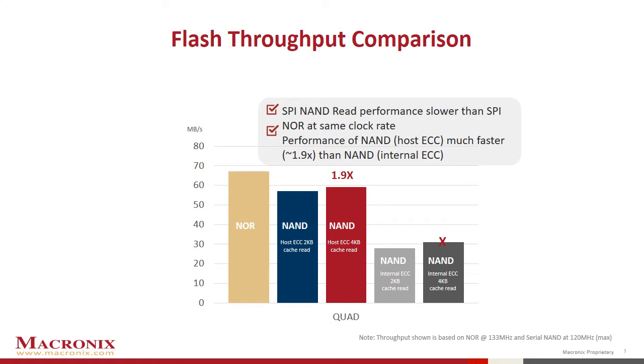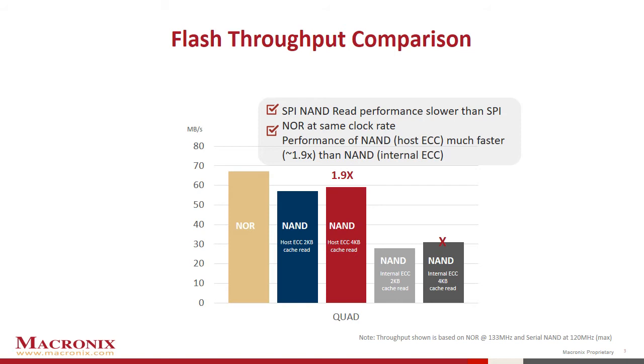The graph shown illustrates the read performance of different non-volatile memories. Assuming all the devices are running at a similar clock speed, NOR flash has the fastest read throughput of about 66 megabytes per second. The two bars on the right illustrate the read performance of NAND with on-chip ECC.